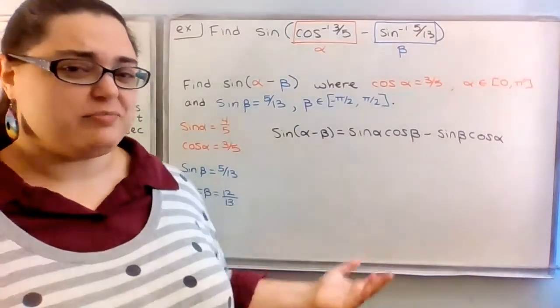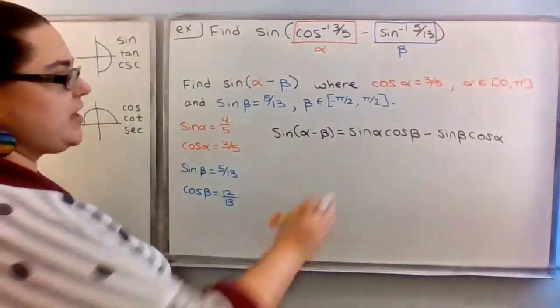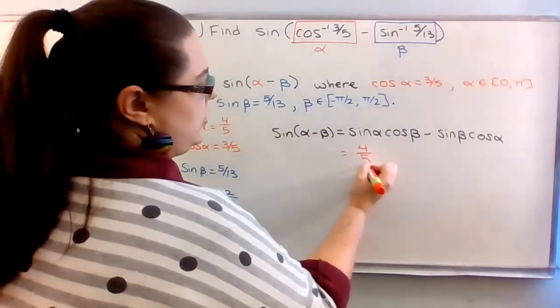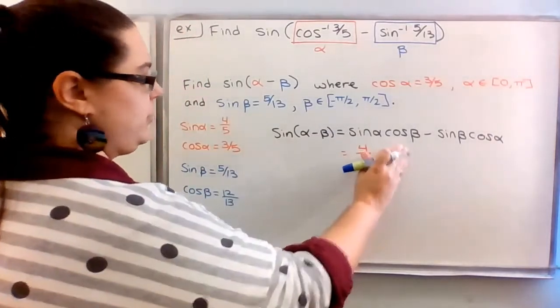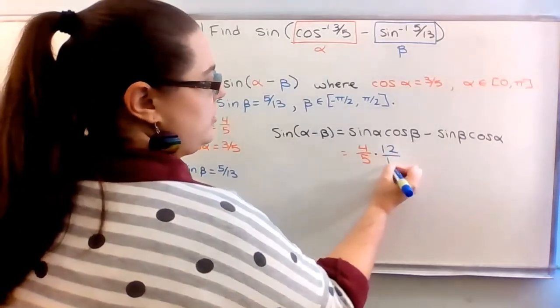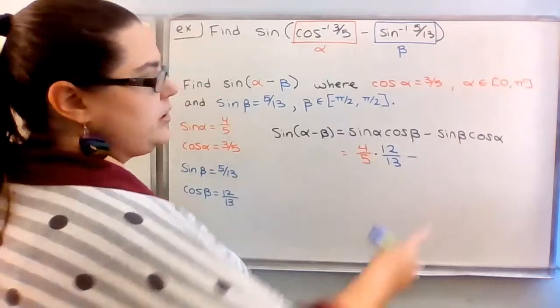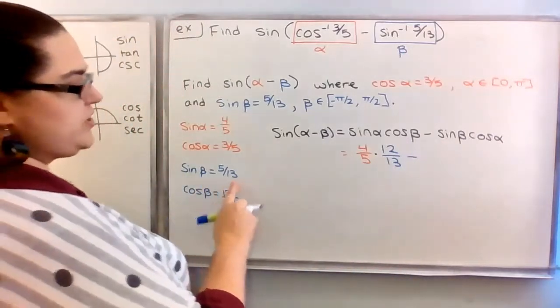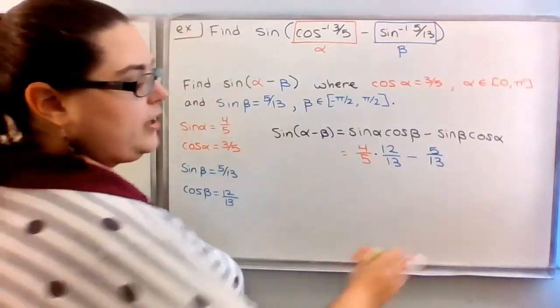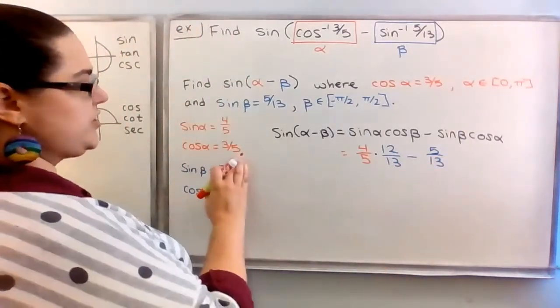So now we just fill in and plug and chug. So sine of alpha is 4/5. Cosine of beta is 12/13. Sine of beta was 5/13. And then cosine of alpha was 3/5.